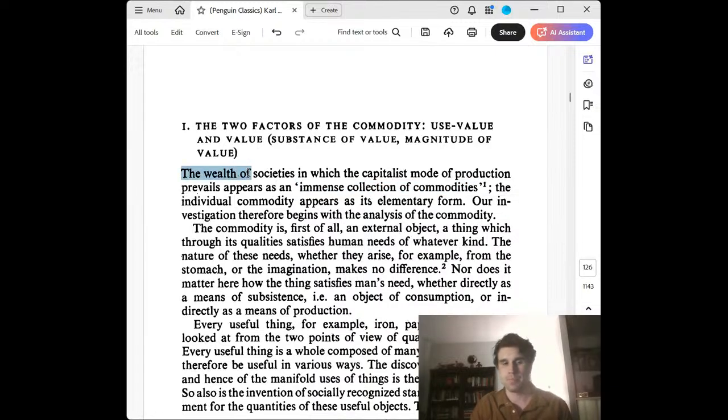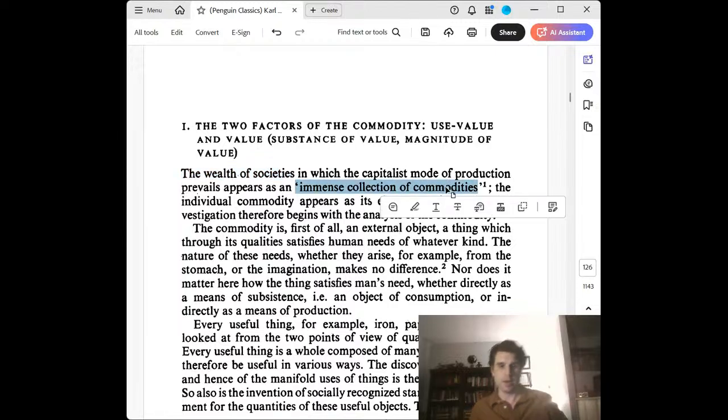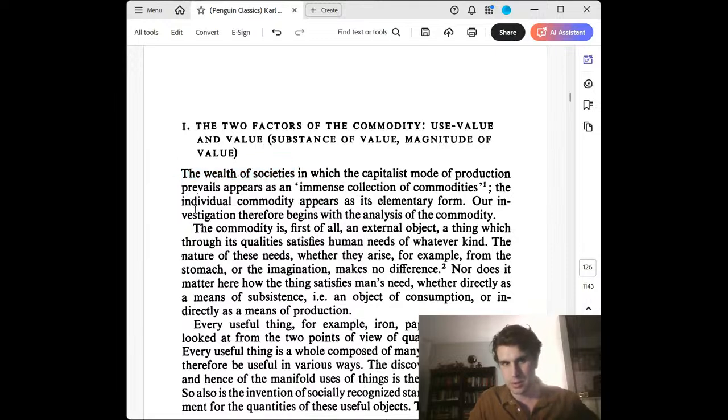So consider the 15.5 million vacant homes in the United States. Those appear as commodities. They appear as things that can be bought or sold. They don't appear as use values. So we have all these homes, and then we have all these homeless people, 650,000 homeless people.